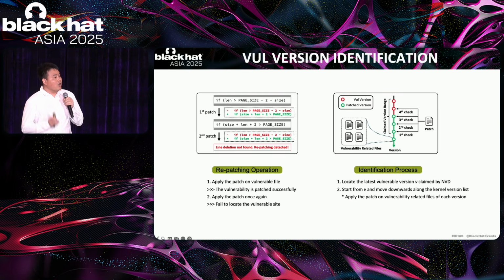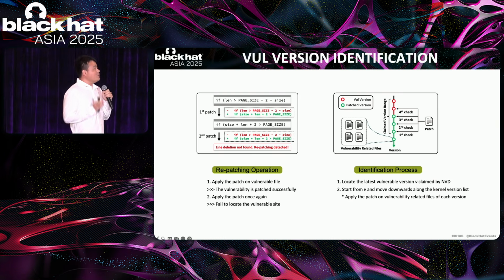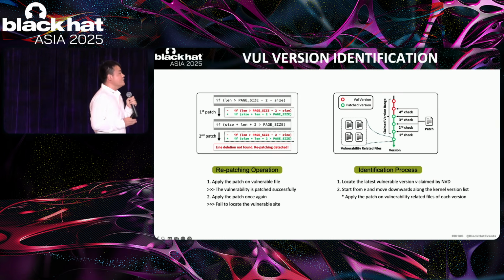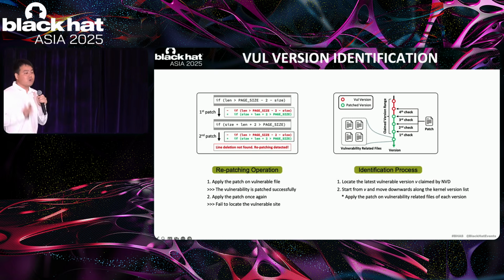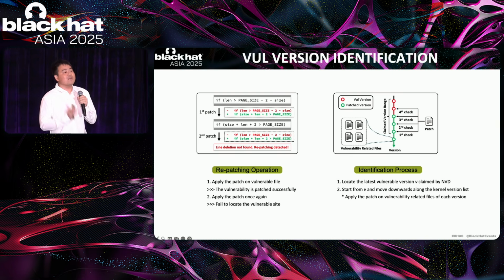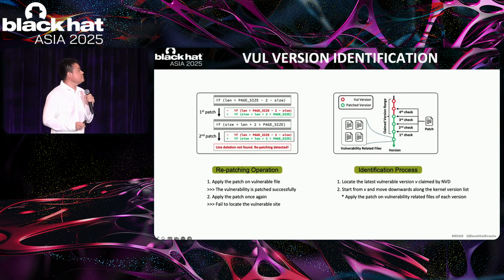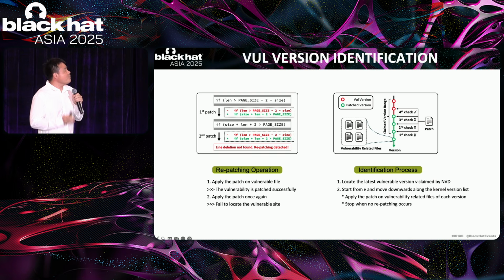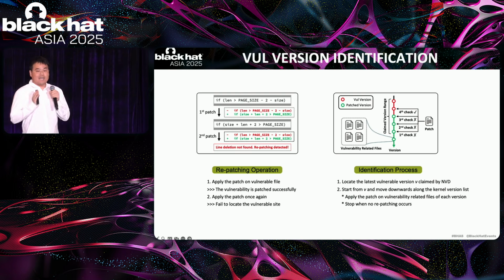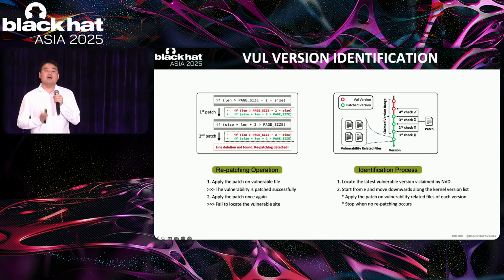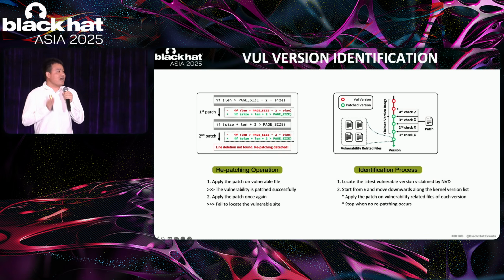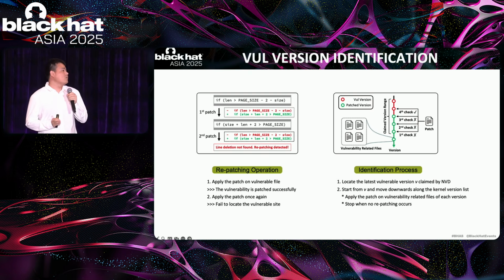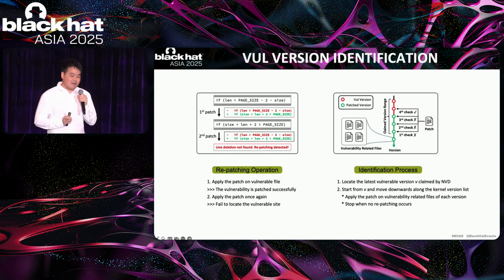For example, here we do 3 patch analyses, and we find that for the first 3 kernel versions, all of them failed. So we can say that these 3 kernel versions have been patched, and we cannot use them as our target. However, for the 4th version, we find it can be patched and it is vulnerable. So we can use it as our target kernel to build our vulnerable environment.